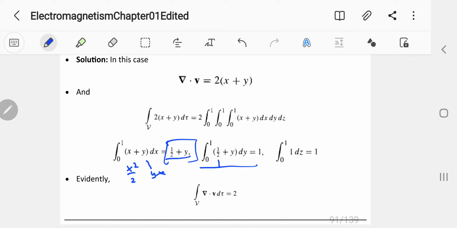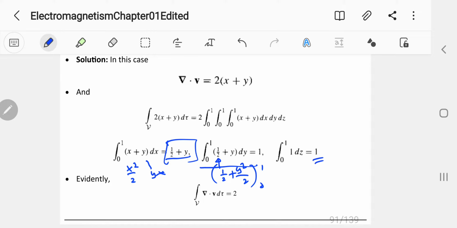So the integral here is equal to 1/2 y, and then here you have y squared over 2. You evaluate from 0 to 1, and then you integrate z because it's also independent. So you can integrate dz, so this is just equal to 1.